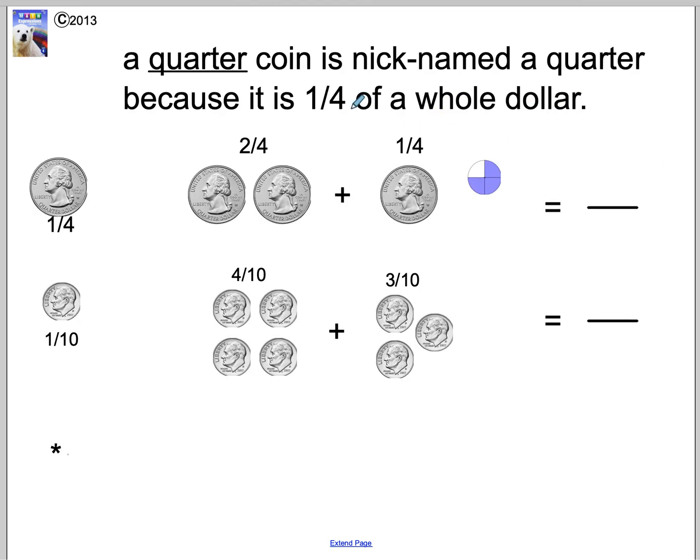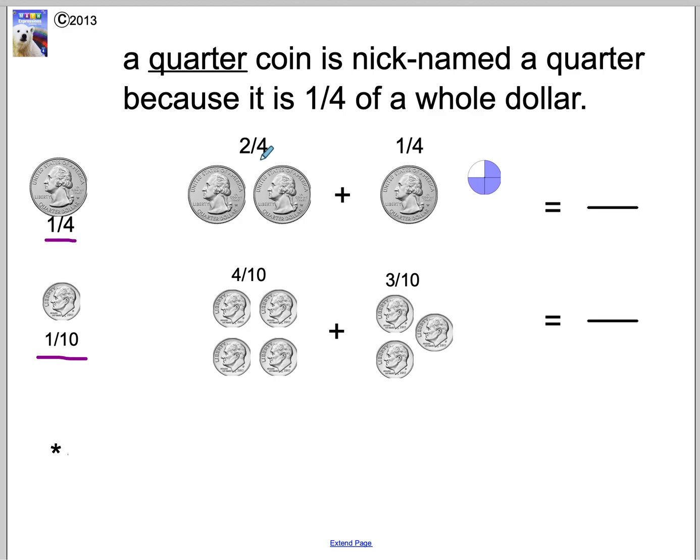I use a quarter as our real life math problem here because a quarter represents 1/4 of a whole, and a dime is 1/10 of a whole. Quarters are called quarters because it takes 4 of them. It's an old Latin word which means 4. It takes 4 quarters to equal a whole dollar.